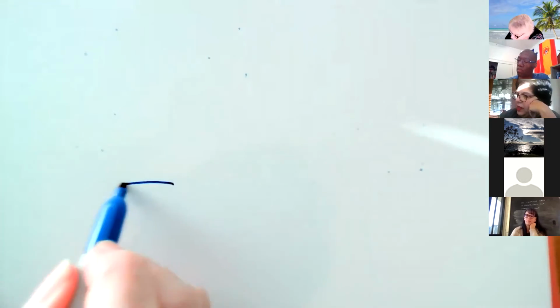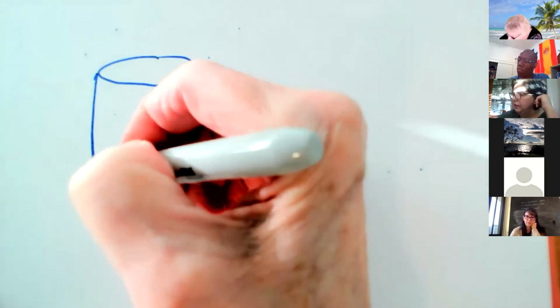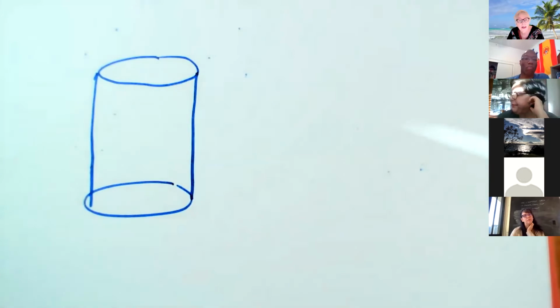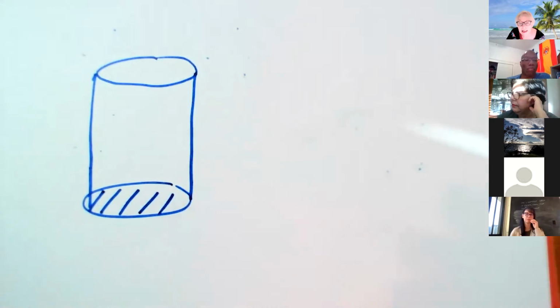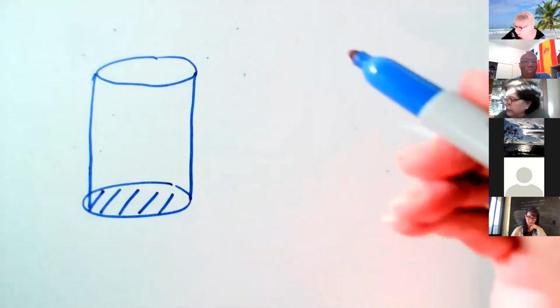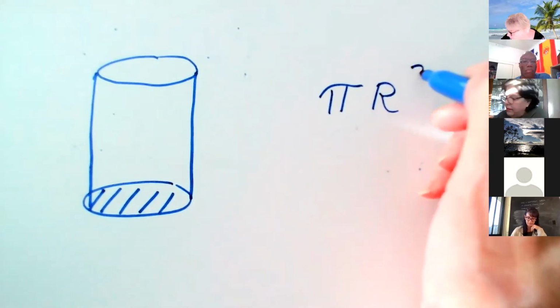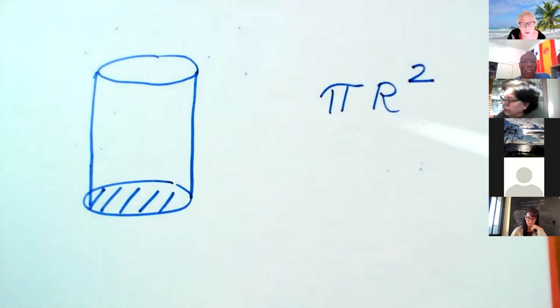The next formula is this. This is a cylinder. What I want you to do is see the bottom of it, and I've drawn it as you would look at it. The bottom of it is the circle, pi r squared.